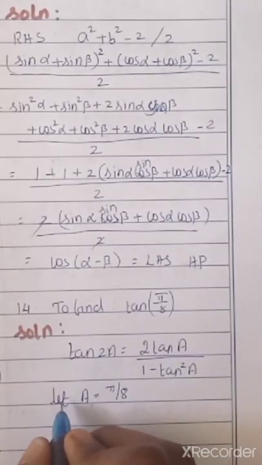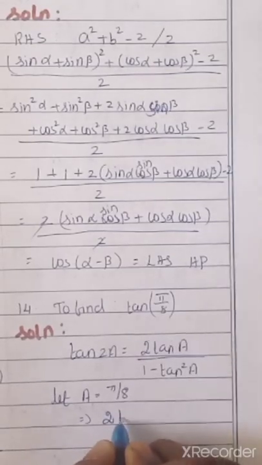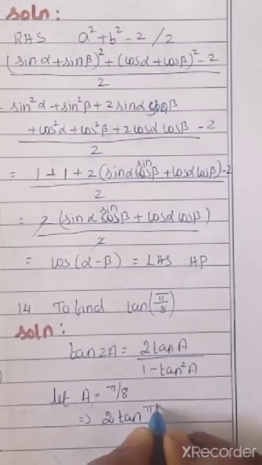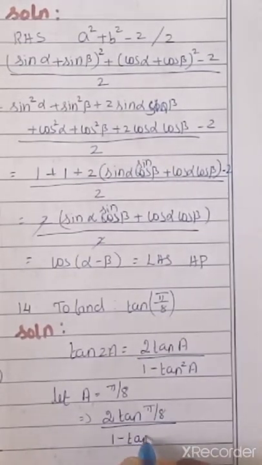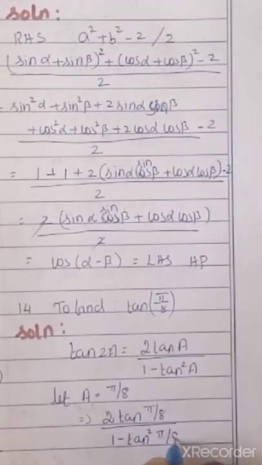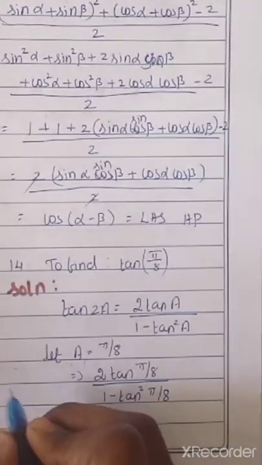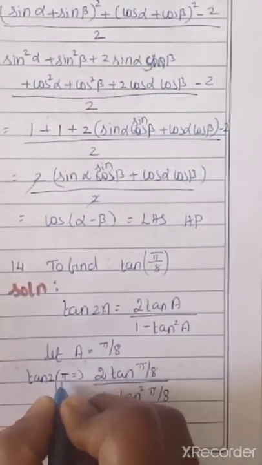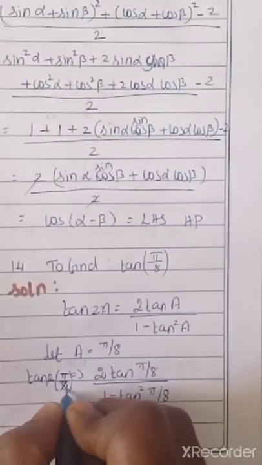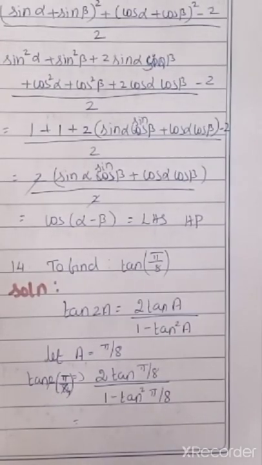Now what will you get? 2 tan pi by 8 divided by 1 minus tan square pi by 8, which is equal to tan 2a. So tan 2a: 2 and 8 cancel, you will get 4, right? Tan pi by 4 is 1, correct?